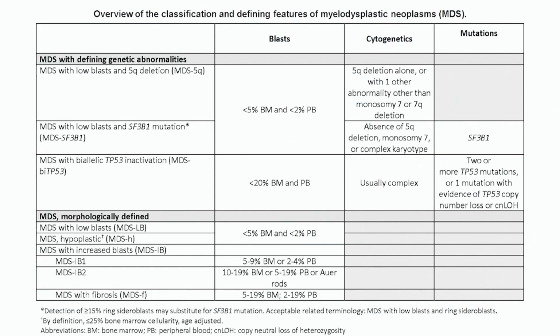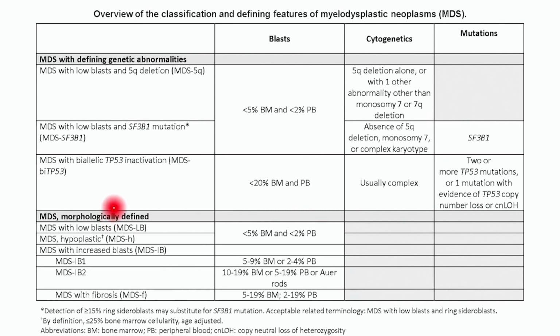For classification of MDS, now we have two major groups instead of the risk-based subgroups based on blast percentage, presence of ring sideroblasts, and also cytogenetic and molecular abnormality, and number of lineages affected by morphological dysplastic changes in the bone marrow, which we've been using in the last edition.